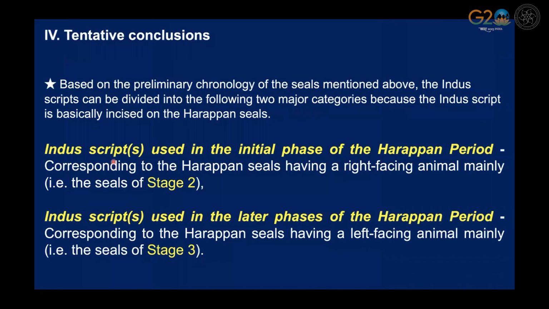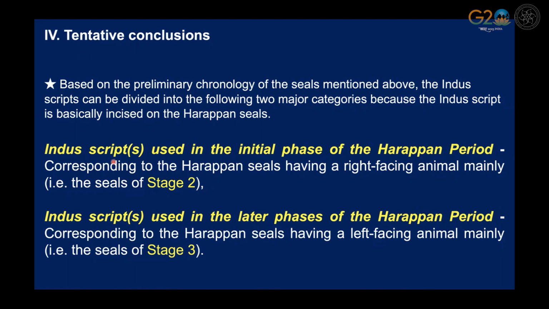The chronology of the Indus script has never been much considered till date, but based on more recent excavations in India and Pakistan, the chronology of the Harappan seals must be taken into consideration for discussing various aspects of the Indus script, because the Indus script is basically incised on the Harappan seals.